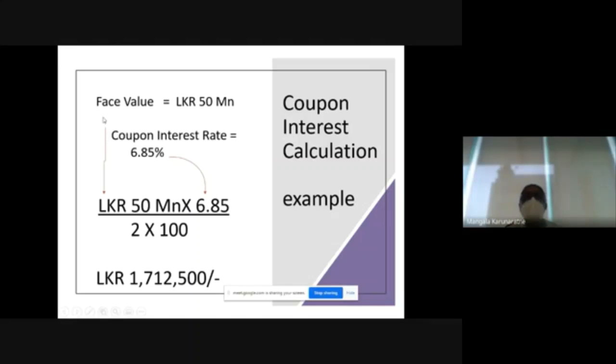Now, face value LKR 50 million and the coupon interest rate is 6.85%.